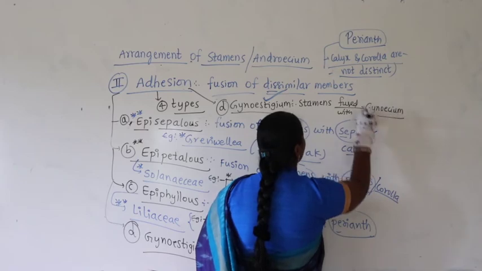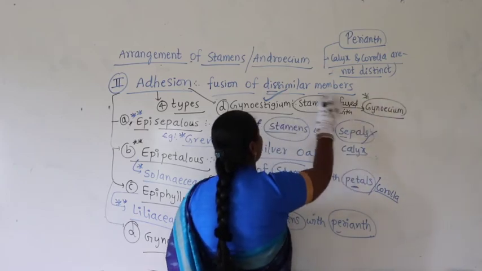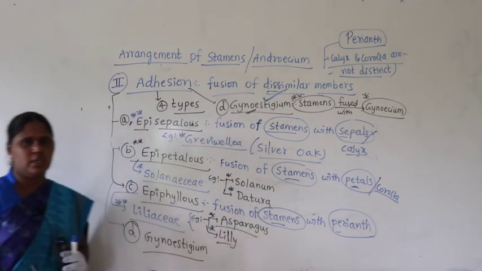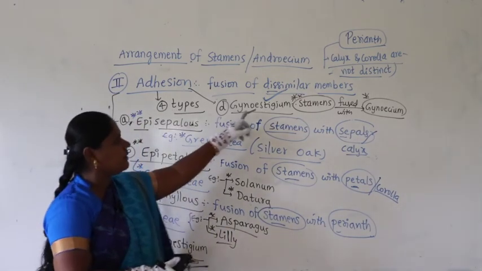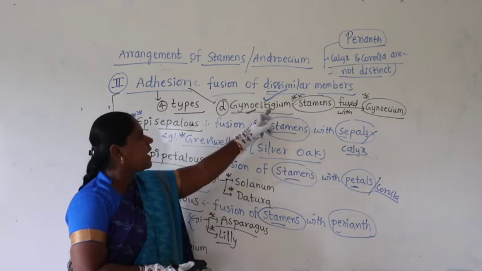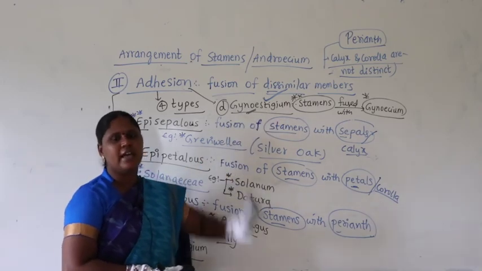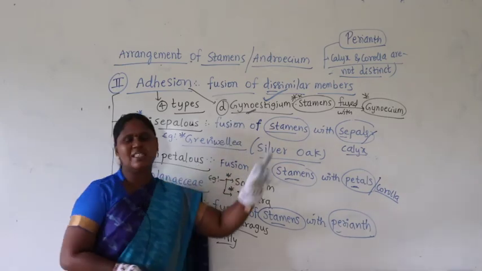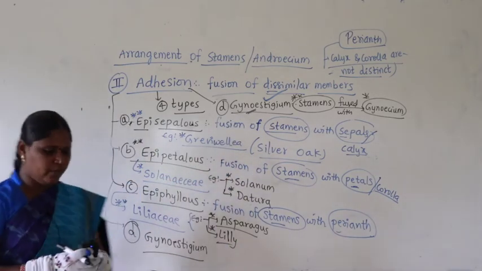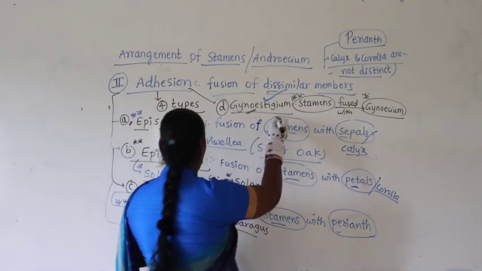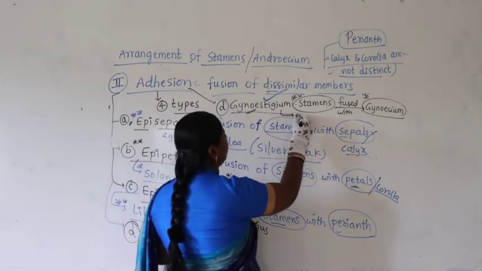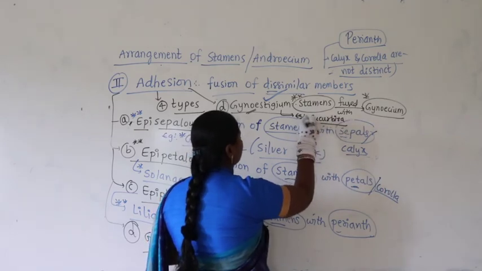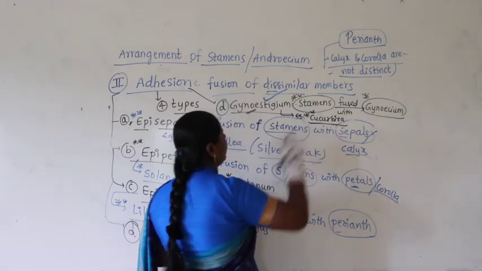Then we call the condition gynostegium. Gyne means gynoecium. Such type of condition we find in case of, here I am giving you an example, Cucurbita.